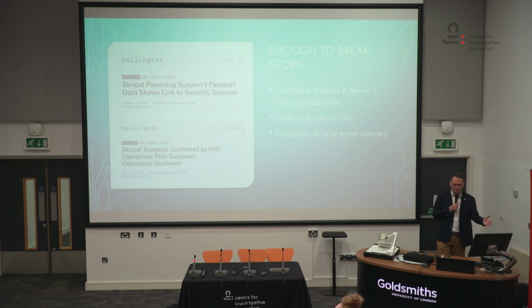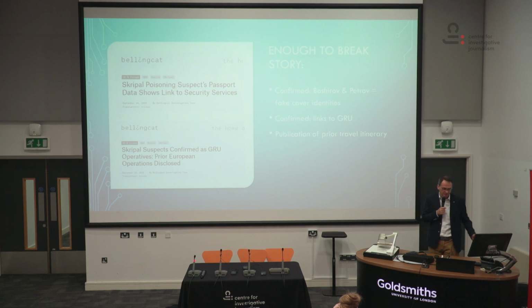Basically, the story was, we've confirmed Boshirov and Petrov are fake cover identities, so the British government didn't lie about it. It's true. And we confirmed they have links not just to an intelligence service, but to the GRU, which is what the British government had not volunteered.